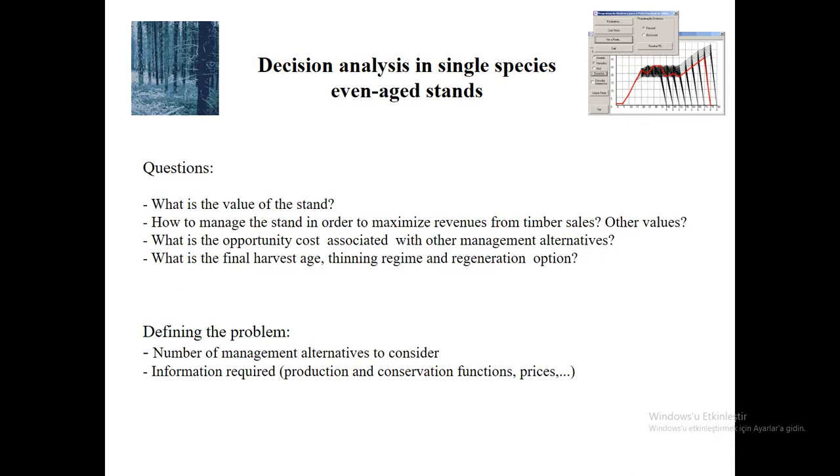Another option would be to regenerate with plantation, do pre-commercial thinning, first thinning, second thinning, third thinning, and final harvest. Or you can pick any other set of silviculture operations. So as you can see, there are a number of alternatives, and we may need some decision-making tools or techniques to evaluate more options and come up with the best results.